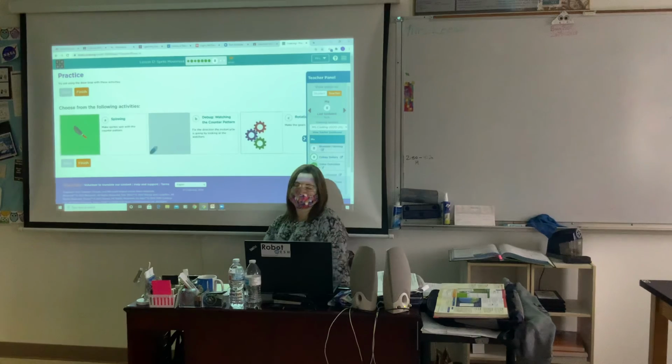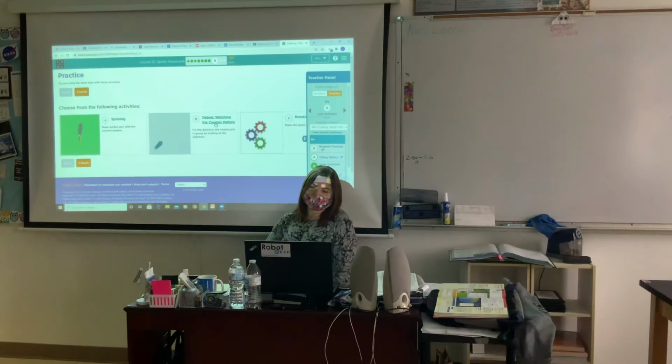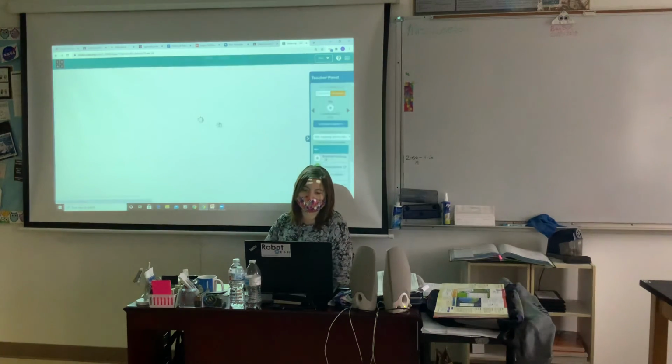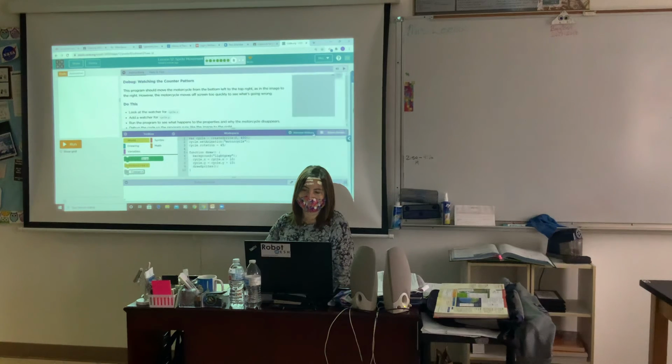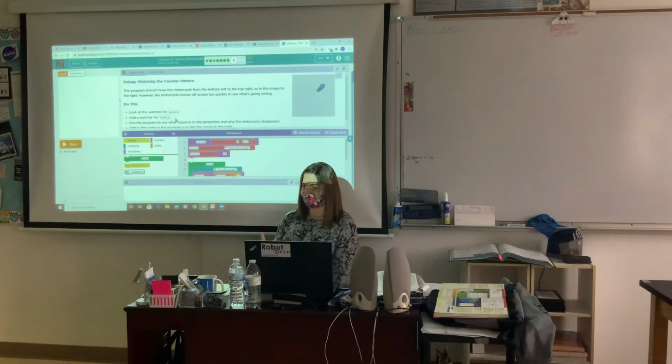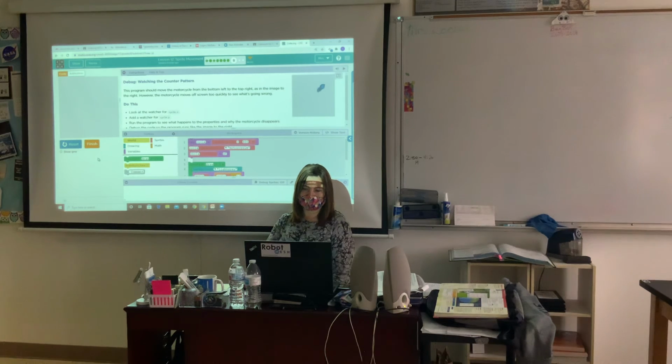Okay, so on B, it tells you to look for the watcher for cycle X. And I've already told you that's something that shows up in the debug console area. And so I started looking at the debug console area, this main part. When I run it, I was expecting to see something here, but that's not the case.